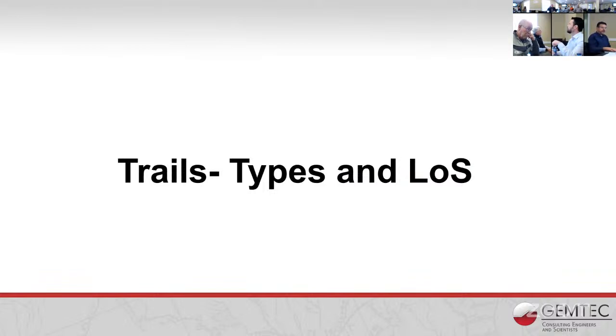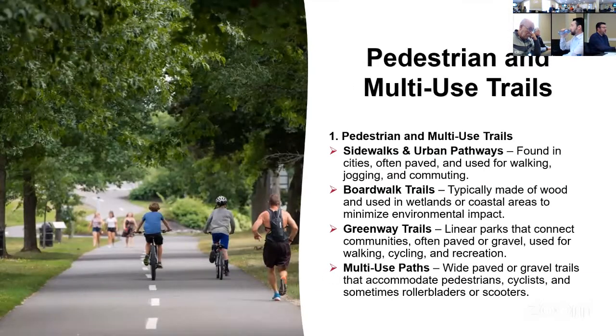We'll start with a very high level briefing on the various types of trails and the level of service associated. Pedestrian and multi-use trails, like the name indicates, multi-use. This is one of the pictures here in the city of Fredericton. These type of trails are mainly in urban environment, and they're used for walking, jogging, commuting.